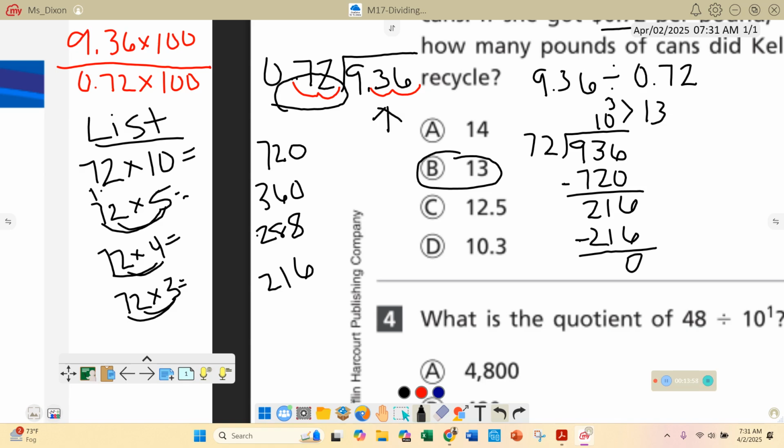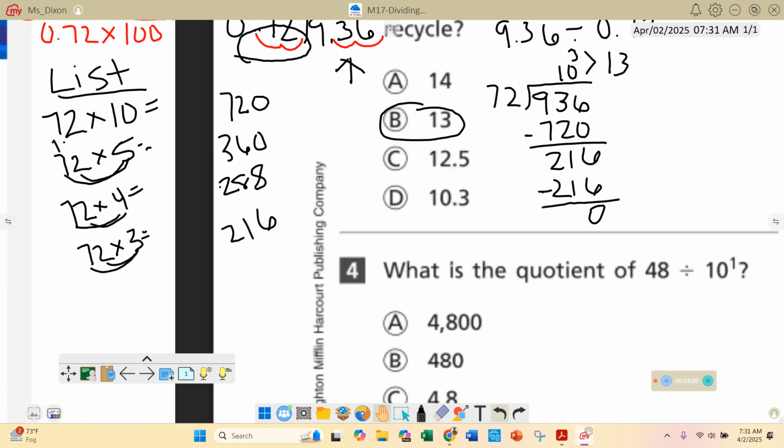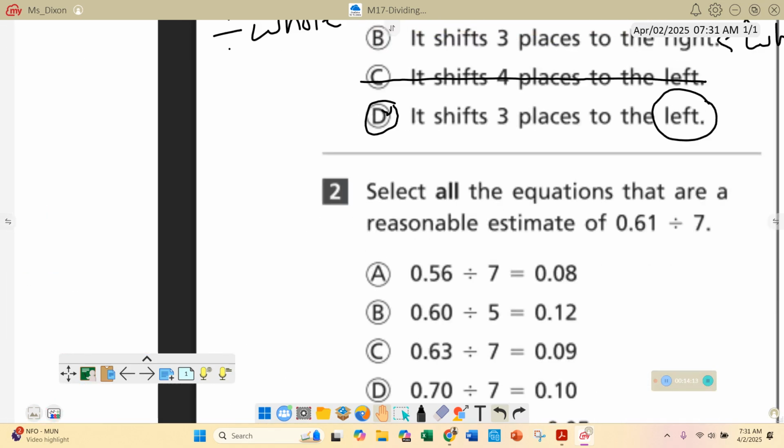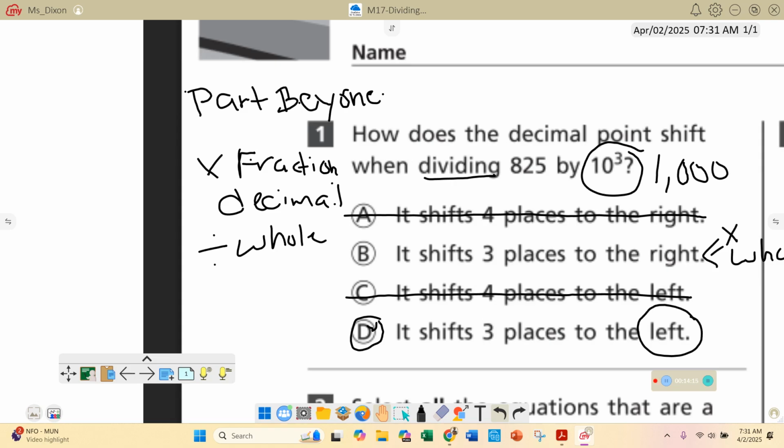All right, moving along, question number 4 is very similar to question number 1. The only difference is instead of telling what you're going to do, you're actually going to do it. Remember the rule that I gave you up here in question number 1. If you are multiplying by a fraction or a decimal or dividing by a whole number, you're doing Beyonce and you're moving to the left.